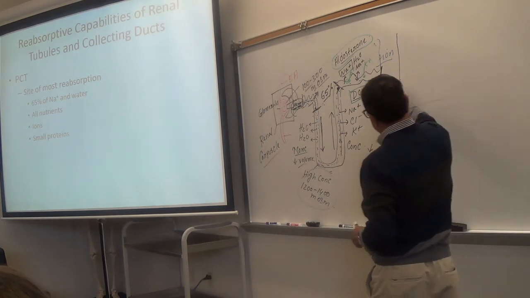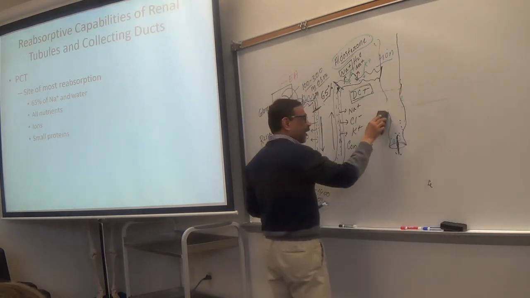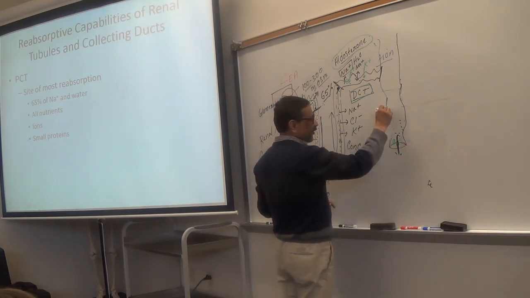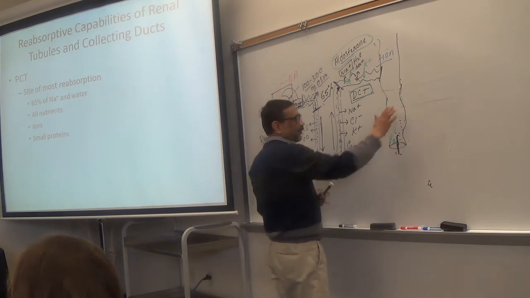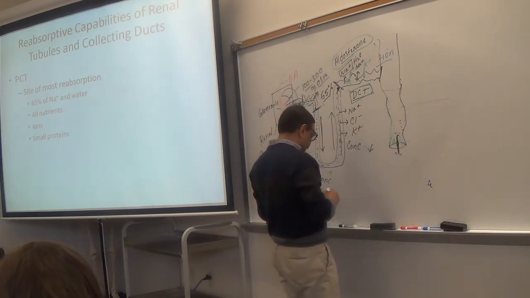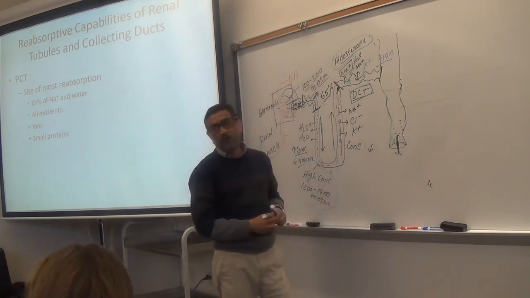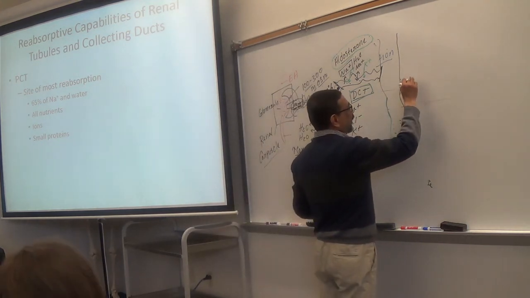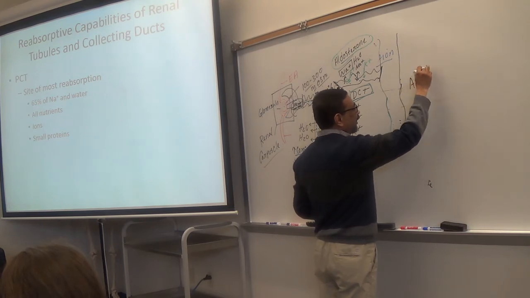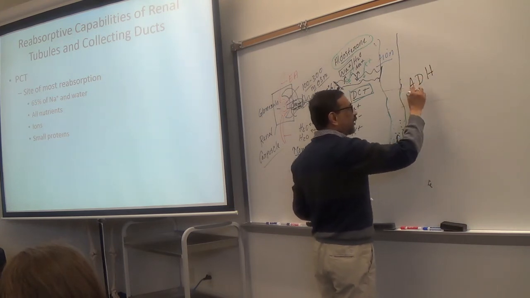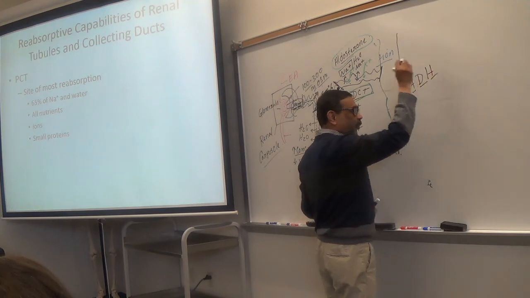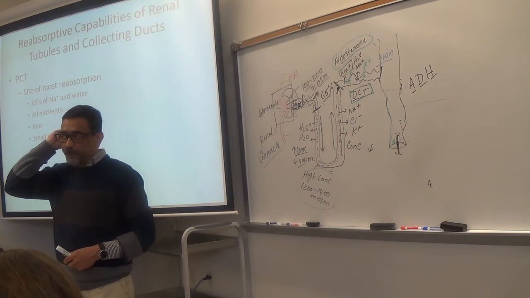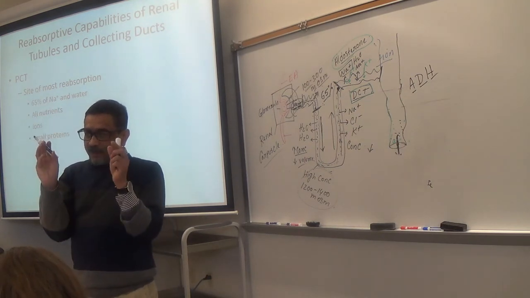Now let's see what happens here in the collecting duct. This is the collecting duct, the last part, and this part is highly sensitive to a pituitary hormone. That hormone is called ADH, anti-diuretic hormone. It comes from the posterior pituitary. You remember the pituitary gland?